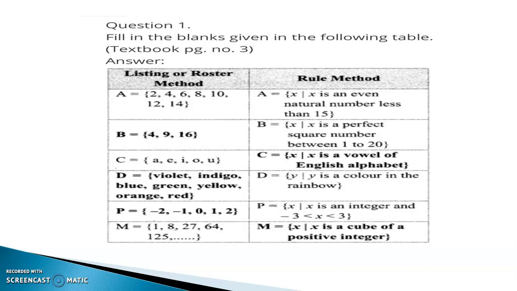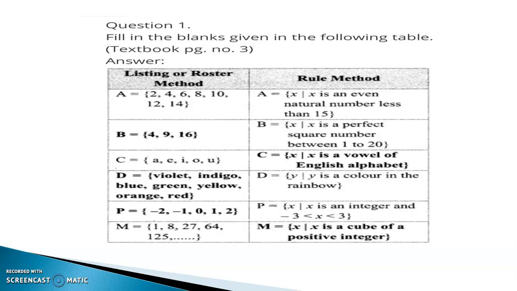Next, in listing method, M equals to 1, 8, 27, 64, 125. Here if you see the numbers, they are all cubes of positive integers. In rule method, it will be written as M equals to x such that x is a cube of a positive integer.